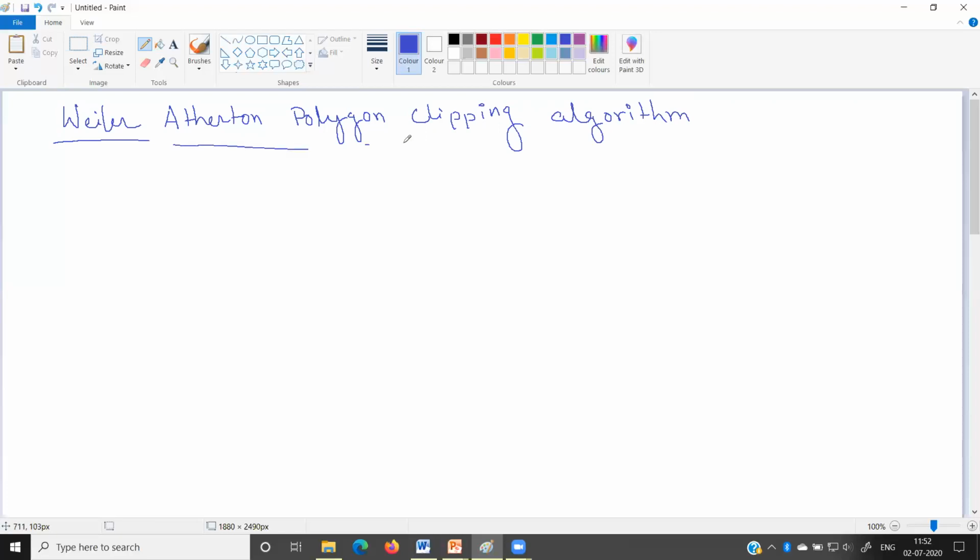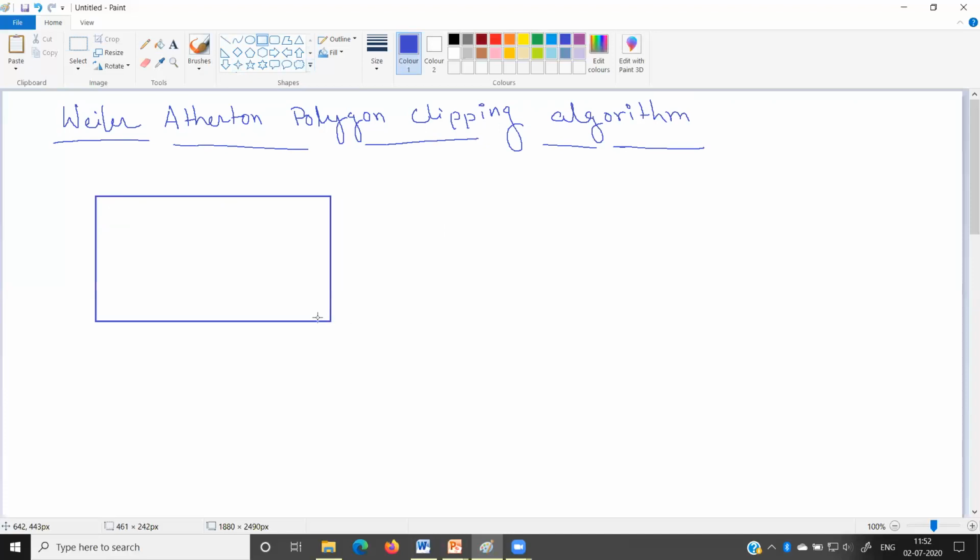Now, there is some disadvantage, some drawback for the Cohen-Sutherland polygon clipping algorithm. So first, I will discuss what is the disadvantage of the Cohen-Sutherland polygon clipping algorithm. Then I will discuss the Wheeler-Atherton polygon clipping algorithm and how this algorithm can overcome that problem.